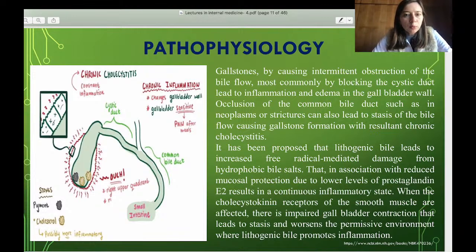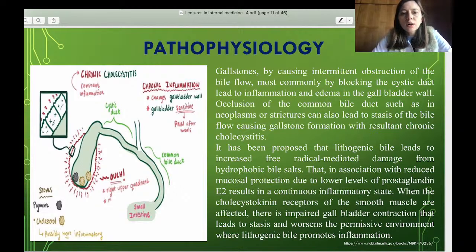It has been proposed that lithogenic bile leads to increased free radical mediated damage from hydrophobic bile salts. That, in association with reduced mucosal protection due to lower levels of prostaglandin E2, results in a continuous inflammatory state.